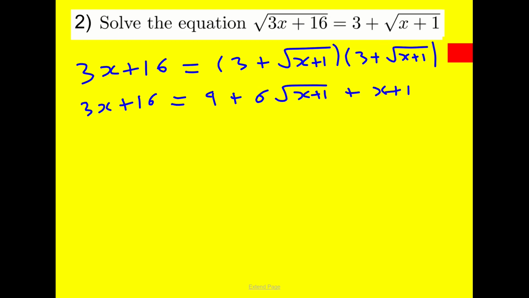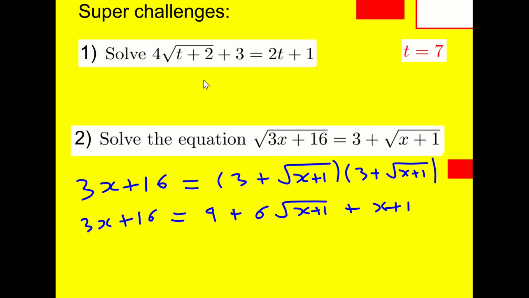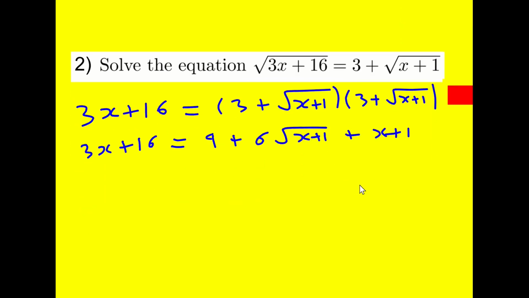So I hope you're okay with that. I haven't done it too fast. I've still got a root in there. That is not very nice. However, I've nearly turned it into the problem we did previously, because I've just got one root, and that is great news, because I can now put all the other terms on the other side. So I can minus x from both sides. It's going to be 2x.